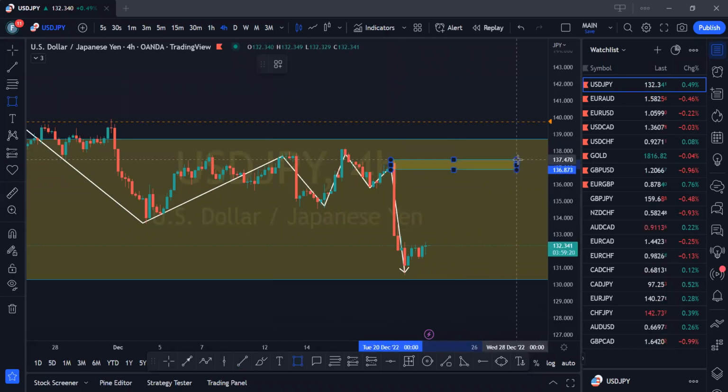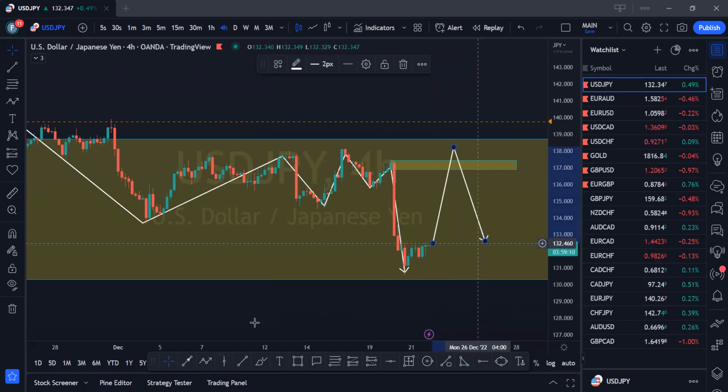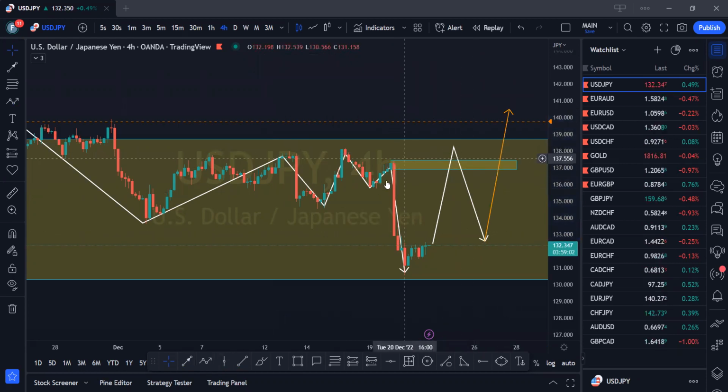So you want price to violate the structure like so, then wait for a retracement, and then you look for your buy here. So we don't have anything to do yet on H4.